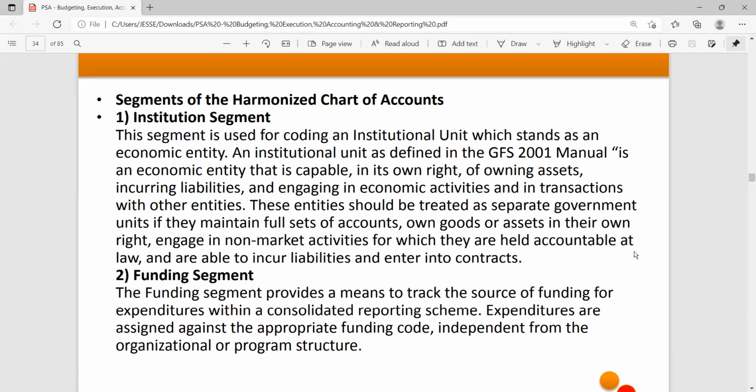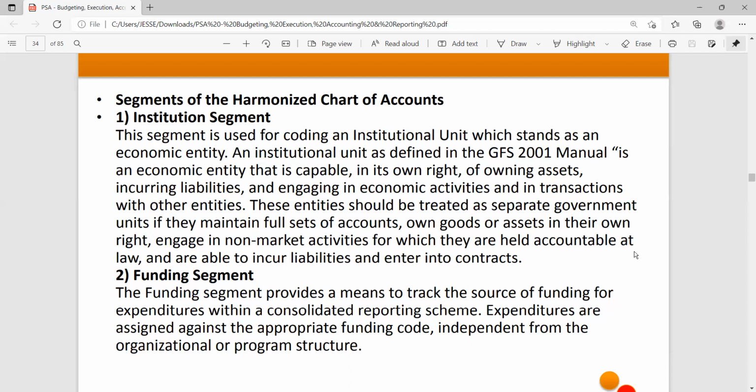That's a simple definition. These entities should therefore be treated as separate government units if they maintain full sets of accounts, own goods or assets in their own right, and engage in non-market activities for which they are held accountable, right?